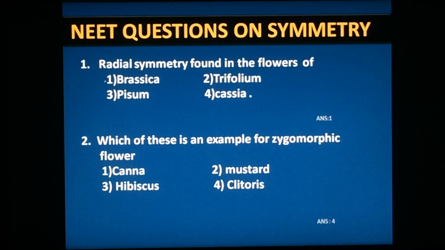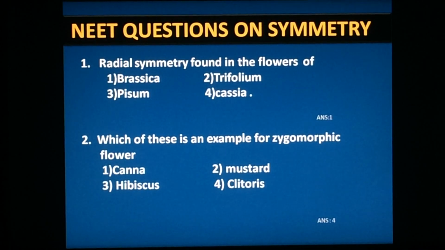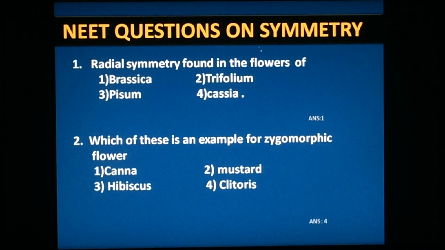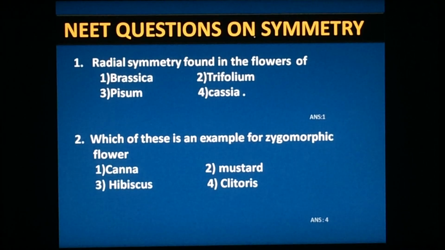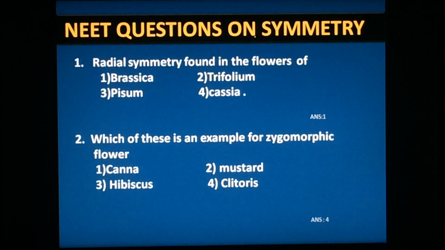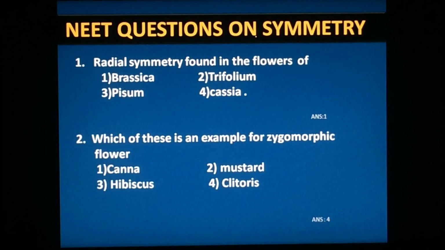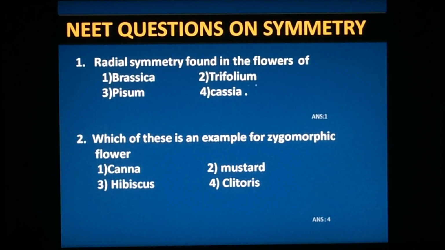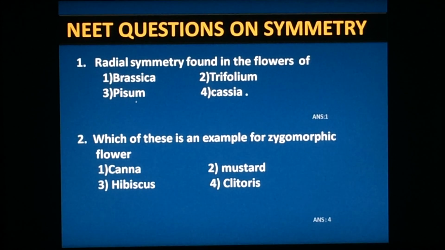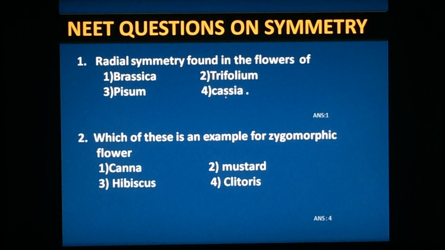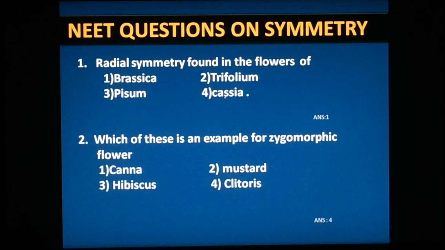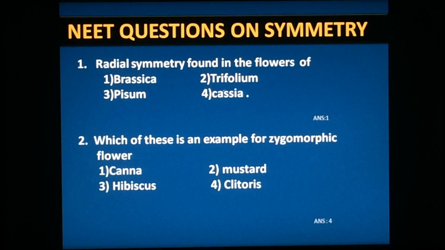Let me explain a few questions. Radial symmetry is found in the flowers of: options are, first one Brassica, second one Trifolium, third one Pisum, fourth one Cassia. The answer is Brassica.